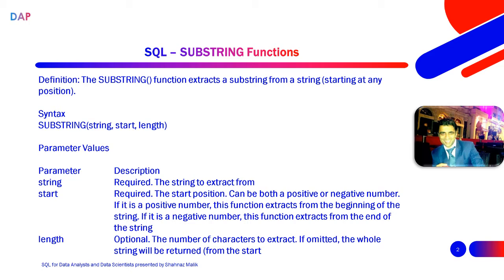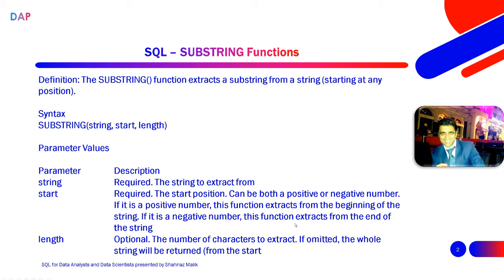If it is a negative number, then this function extracts from the end of the string. And length is optional, the number of characters to extract from this position. If omitted, the whole string will be returned from the start.